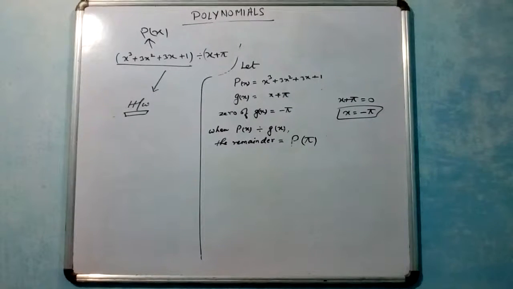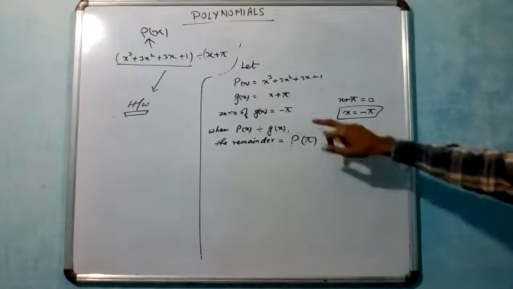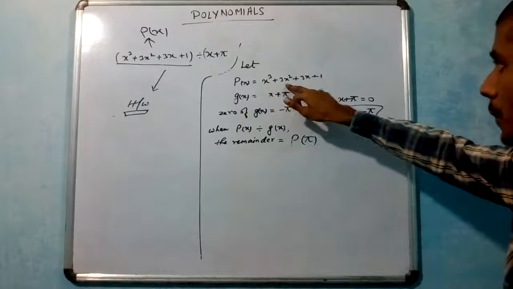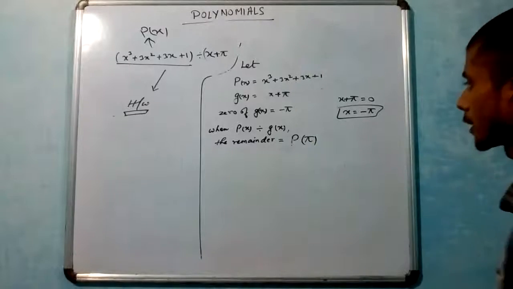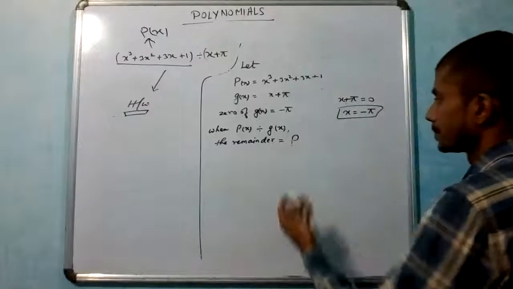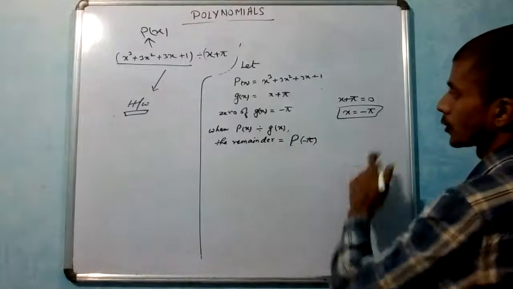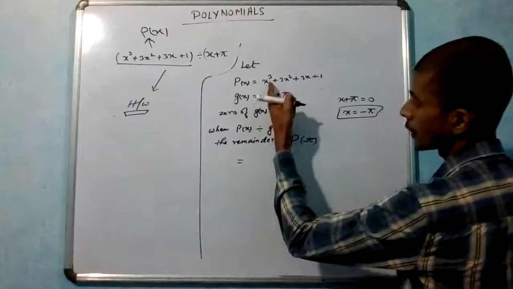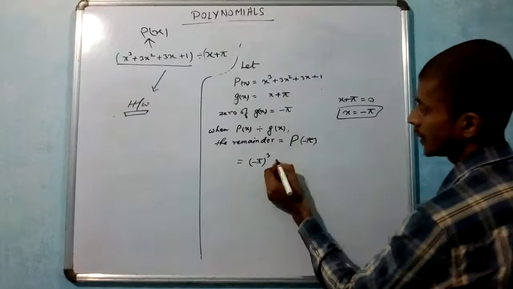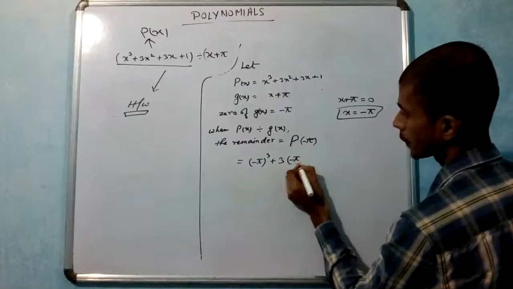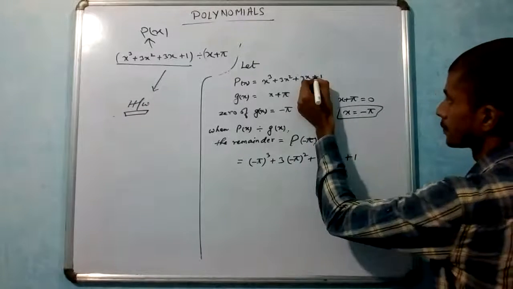So what we have to do, see now. Don't use minus 22 by 7, okay? It will come in numbers and it will be very lengthy. The x has to be replaced by minus pi. So p of minus pi: x cube means minus pi the whole cube, plus 3x square, 3 into minus pi the whole square, plus 3 into minus pi, plus 1.